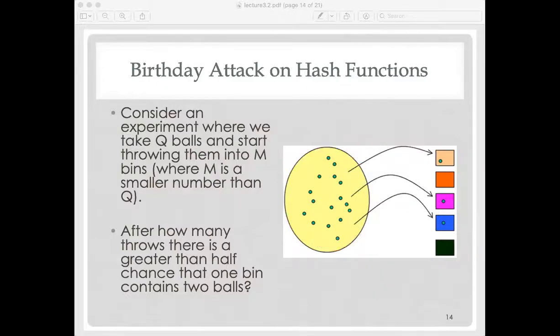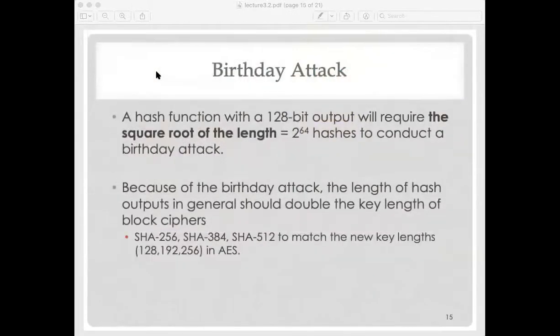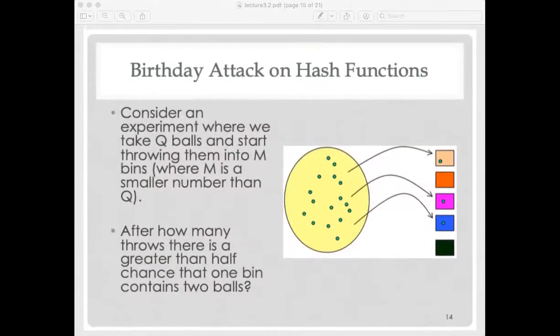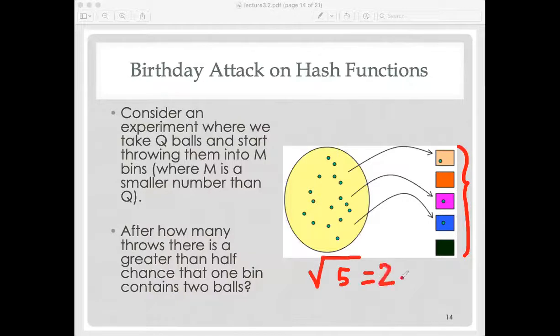Simply, the solution to this is, after throwing the square root of the number of possible outputs. Here I have 5 possible outputs, which gives me 2 point something.